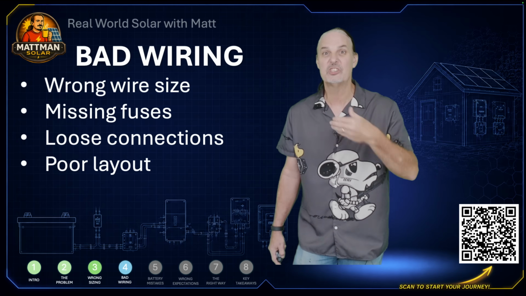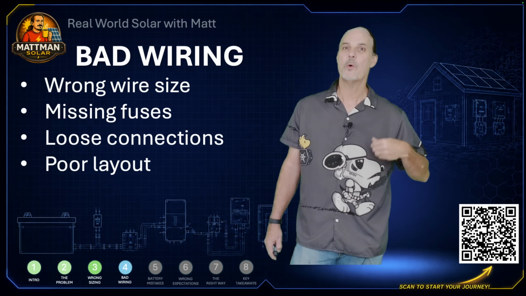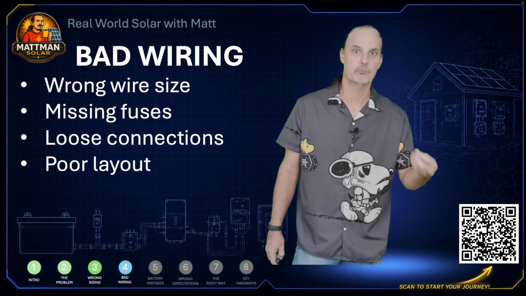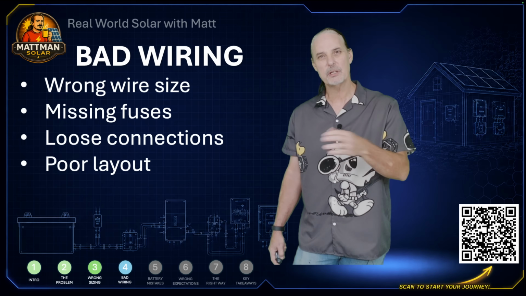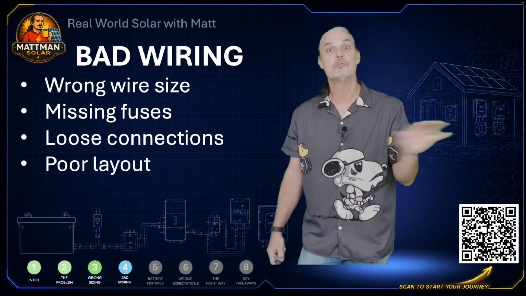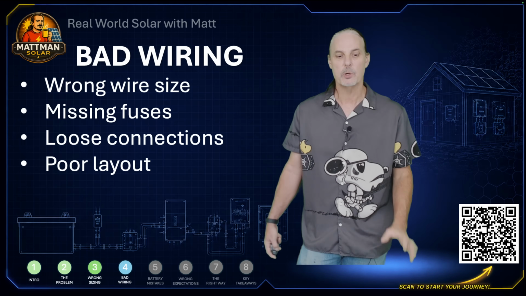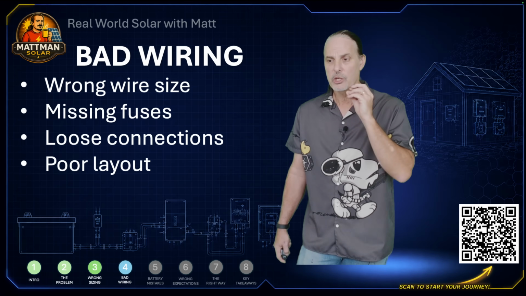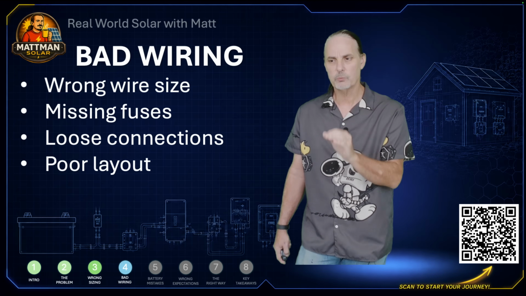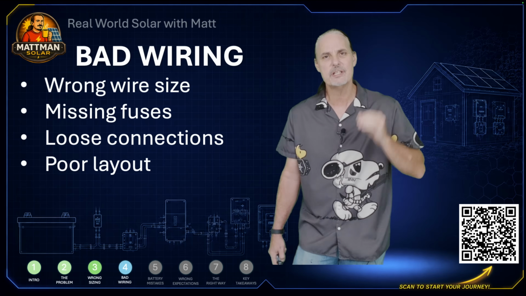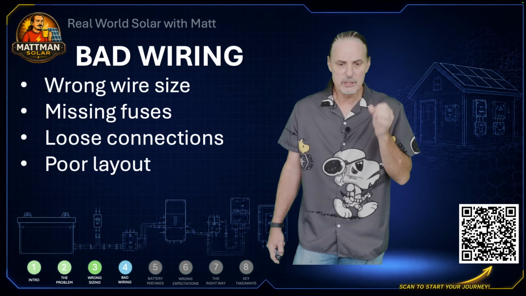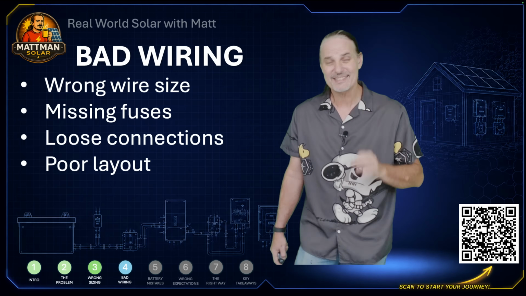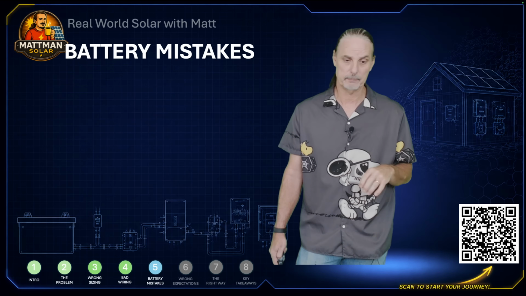And therefore the expense of maintaining the system or the ability to use a bus bar as opposed to just run it direct becomes an issue, because now you have the items in the wrong place or too far away to accommodate you appropriately. So it's very, very important here that you make sure that you handle these wire sizes, missing fuses, loose connections, and layout, because you're going to deal with voltage drops, heat, melting terminals, maintenance nightmares, and that type of stuff going forward.